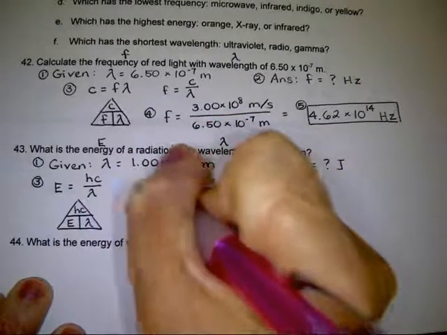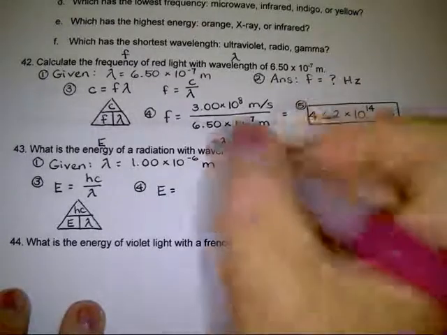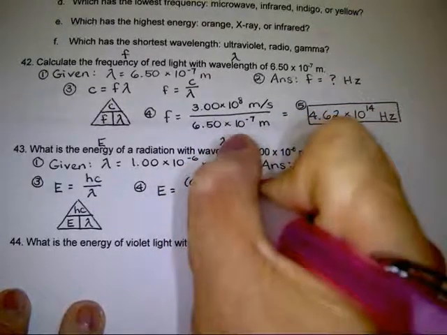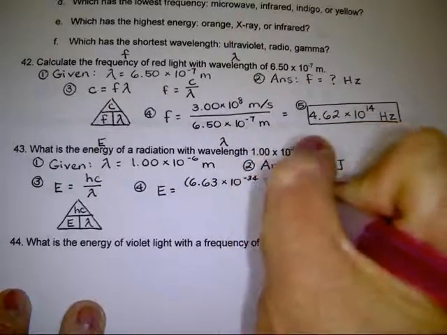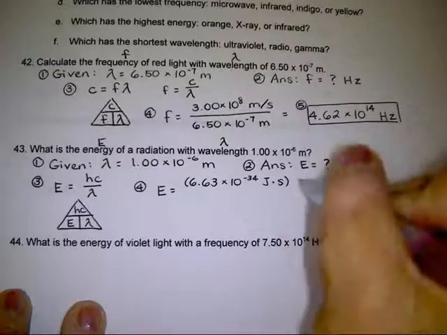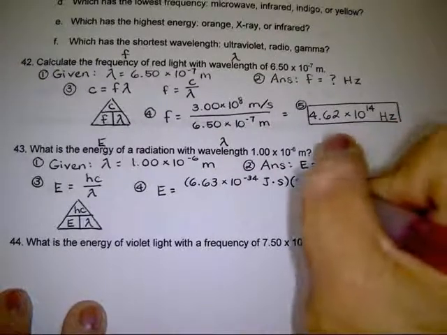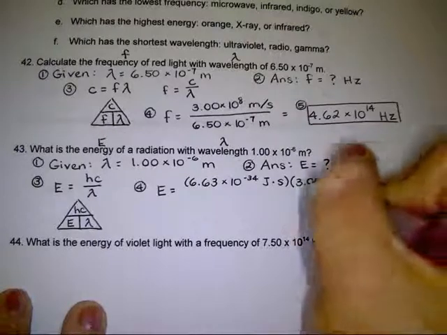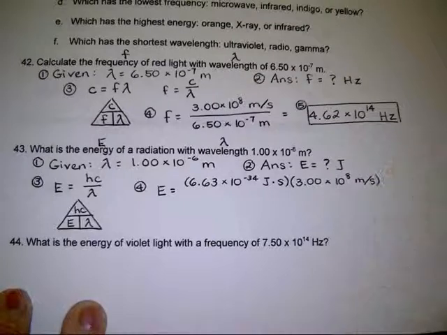So E equals H. If you look up H on the formula chart, you will see that it is 6.63 times 10 to the negative 34 joules times seconds. Okay? And we are going to multiply this number by C, which is 3.00 times 10 to the 8th power meters per second.